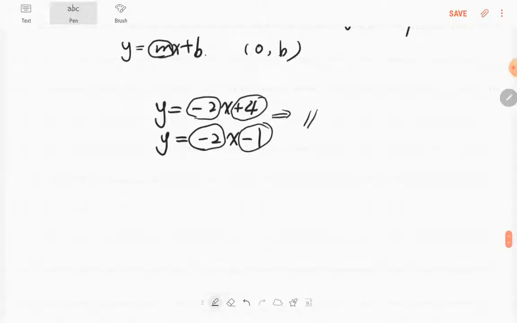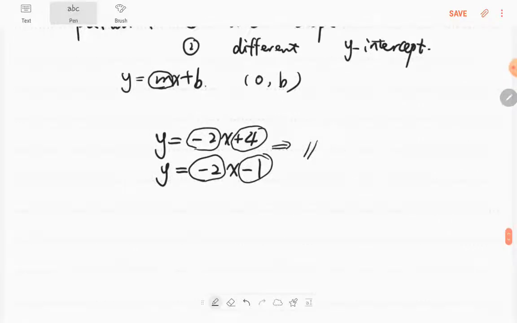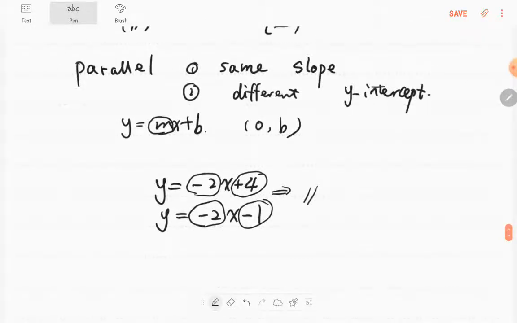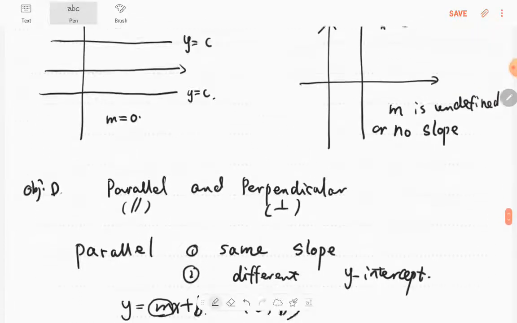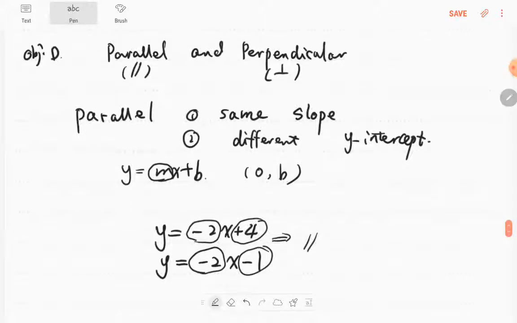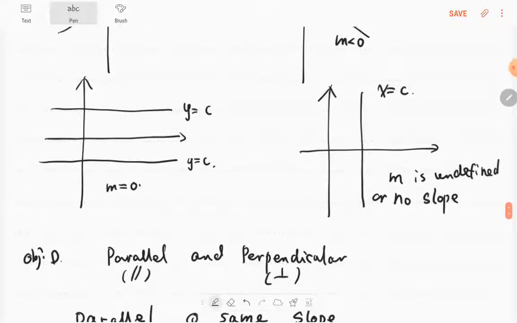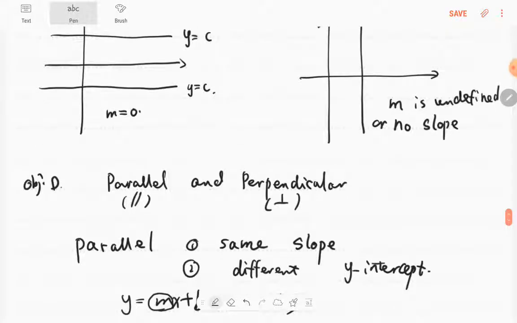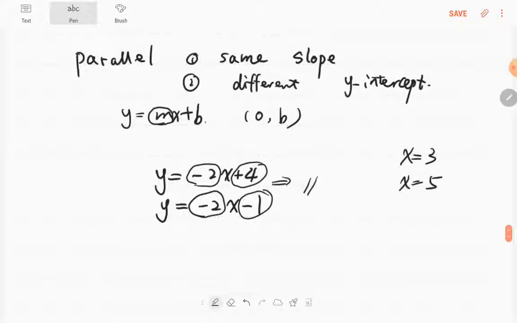Of course, another special situation is if we have two vertical lines, like x equals 3 and x equals 5. We know x equal to a value is a vertical line. x equal to another value is still a vertical line.